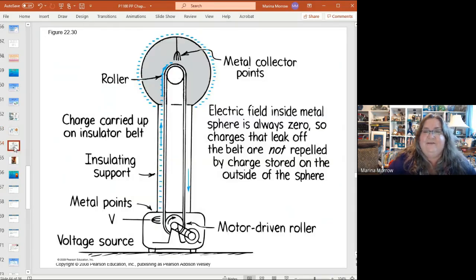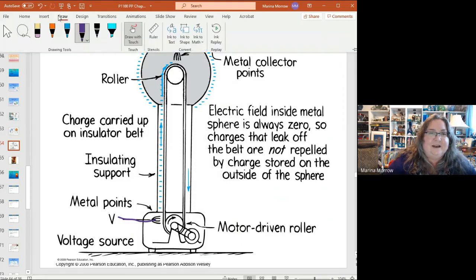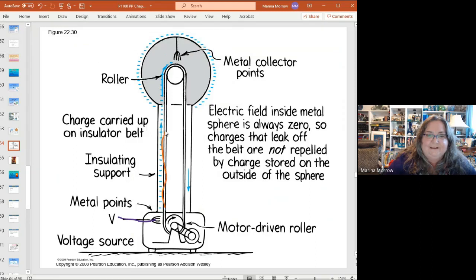And here's how a Van de Graaff generator works. A Van de Graaff generator works by having electricity come in, and a little brush scrapes the electrons onto a giant rubber band here. This giant rubber band carries the electrons up into this metal sphere at the top.